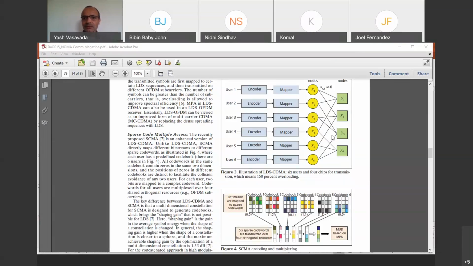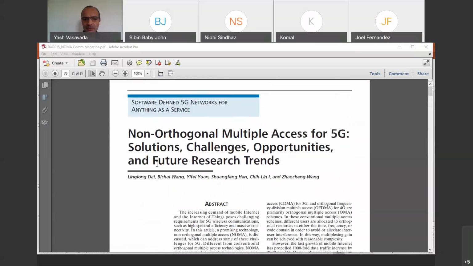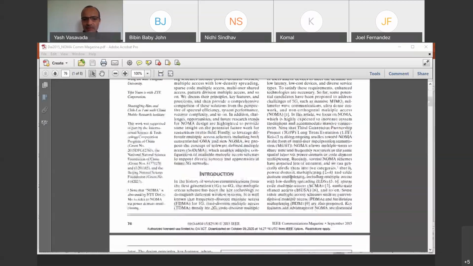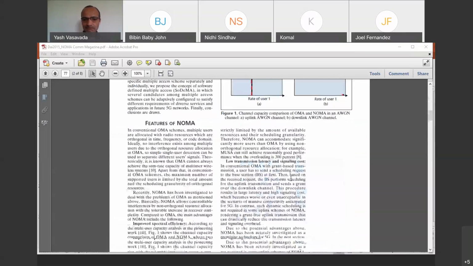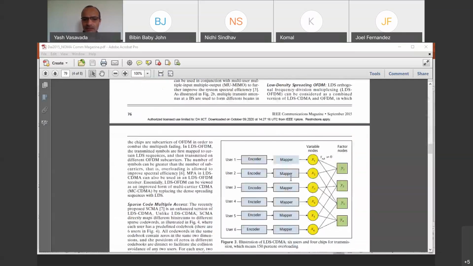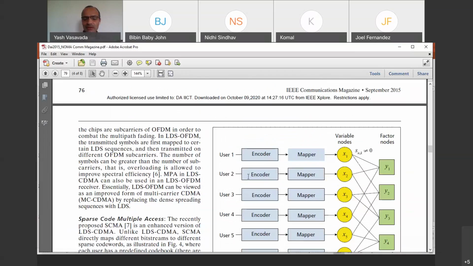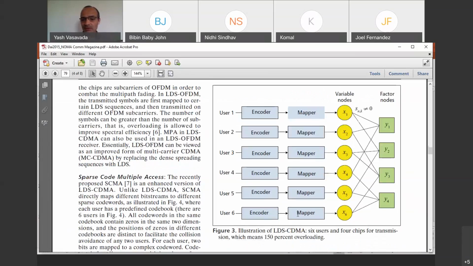On this page, this is a paper written in 2015 by Linglong Dai, which appeared in IEEE Communications Magazine. It is a fairly comprehensive paper. It talks about not only the transceiver algorithms, but also some of the research domains of NOMA that we just talked about. But let us focus our attention on this LDS scheme.